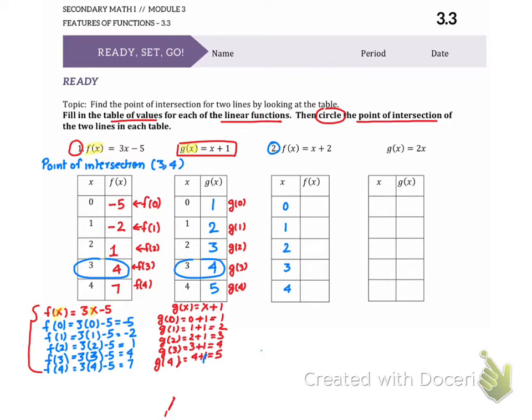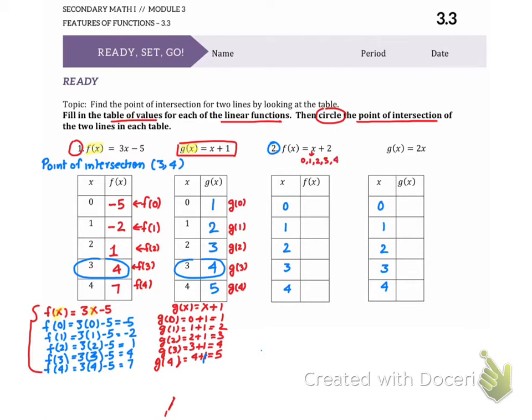So let's move to our other table, that's 0, 1, 2, 3, 4. Now we are going to get the f of x values, and here we have to just substitute this x by different values. I have to replace it by 0, 1, 2, 3, 4 and get our second column.